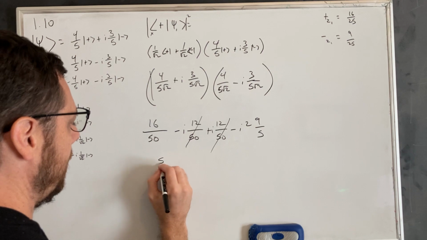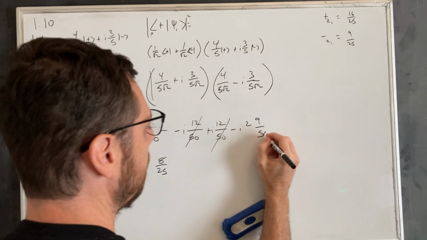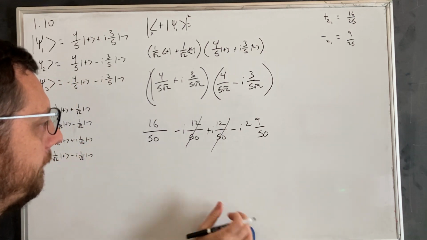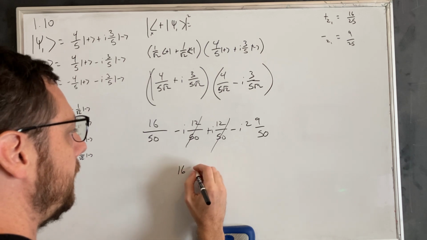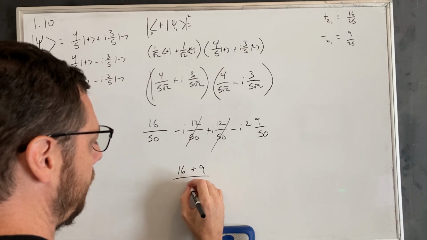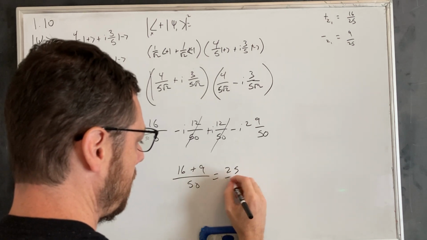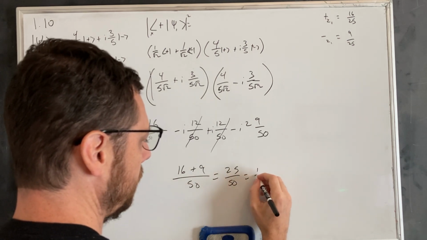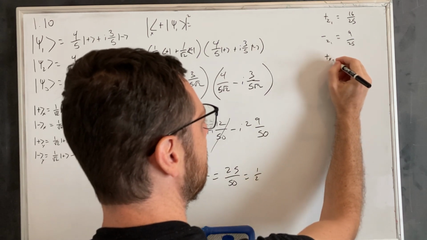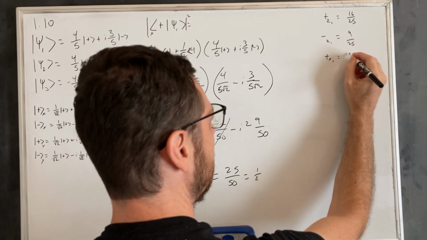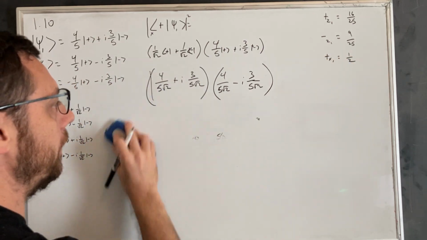Let's keep it as 50 for now. i squared is going to flip the sign, so we're going to have 16 plus 9 over 50, which gives us 25 over 50, and that's equal to 1/2. So up in the x direction for the first state is going to be 1/2. And so we should get 1/2 for down also.